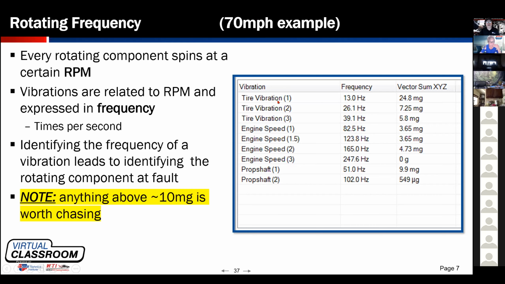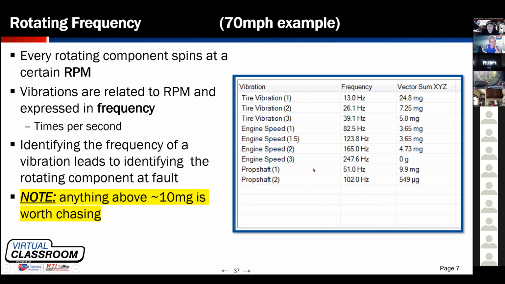Right now, your tire, if it has an order 1 vibration, would be happening 13 times a second. If it was an order 2, 2 shakes per revolution, it would be happening 26 times a second. 3 would be 39 times a second. But if it's an engine crankshaft 1, it'll be happening 82 times a second. If it's 1.5, 123, if it's 2.